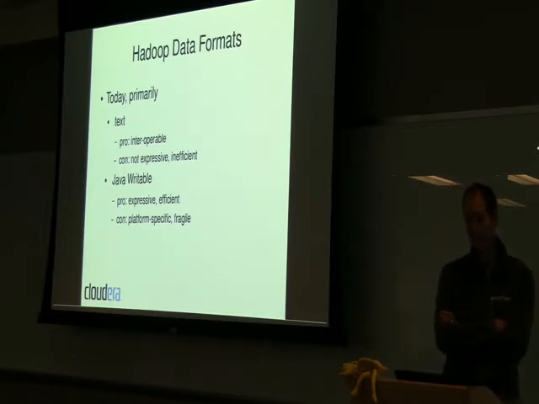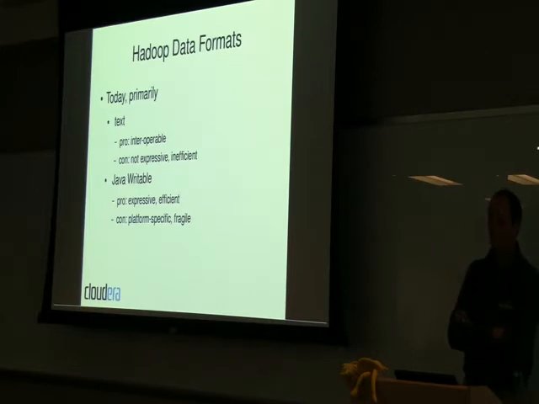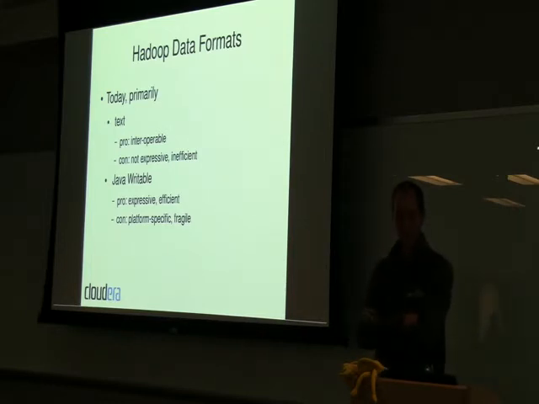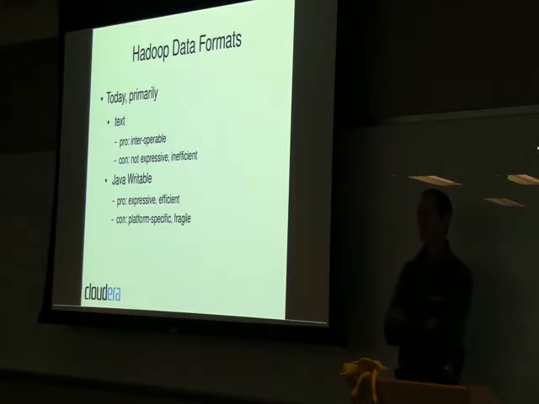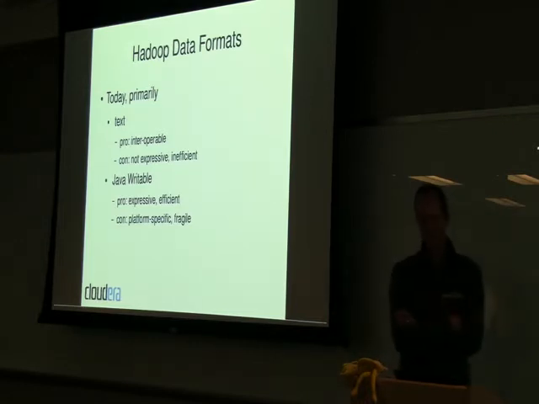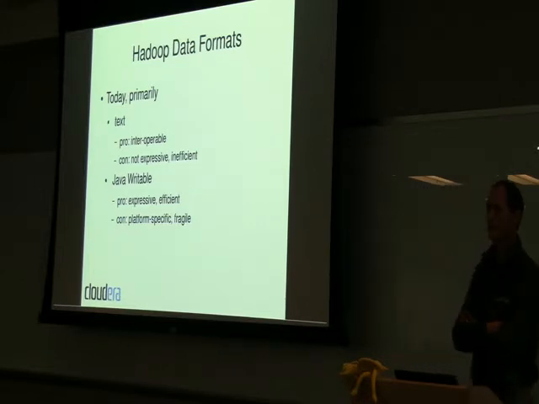But then the other thing that's commonly done in Hadoop is Writables. Very expressive. You can do arbitrary Java data structures. Can be very efficient. You can write efficient binary input and output, and represent integers and floating point numbers and things like this in compact ways.